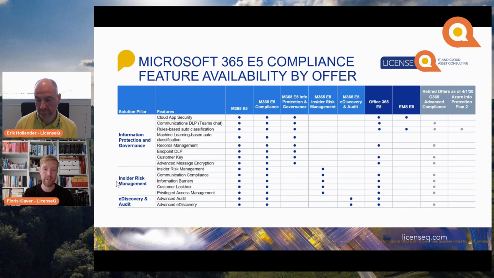For a lot of organizations, this means that while they were purchasing an information protection plan to step up at around $2 per user per month, they would be looking at something like $4 to $5 to buy this suite, or even $9 or $10 for the full EMS E5 Microsoft 365 E5 compliance offer. I don't think that's a very good approach from Microsoft. I'd happily hear if someone disagrees with that.